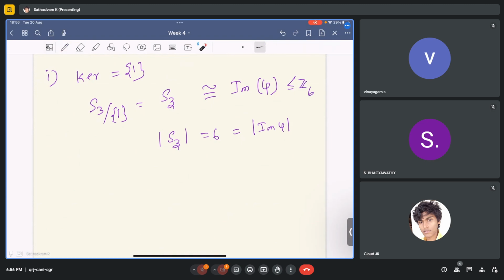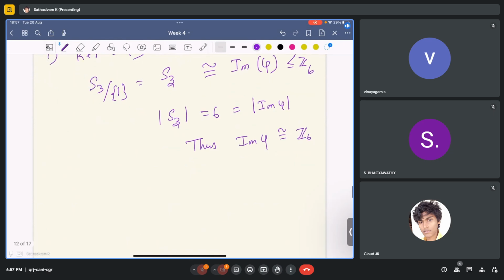But both have the same order, so we conclude that the image of φ is basically Z6, because it's a subgroup with the same order. So the image of φ is nothing but Z6 itself. So what we have is S3 is isomorphic to Z6. Is it possible?